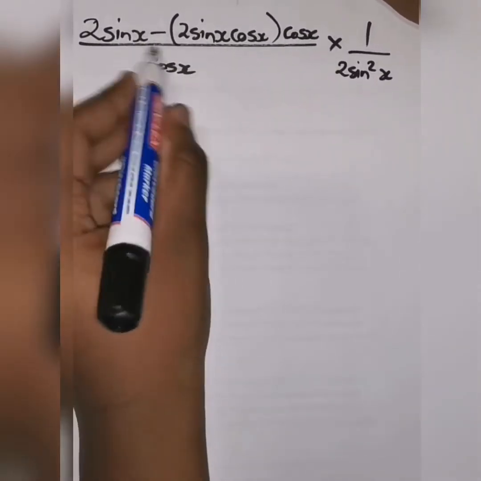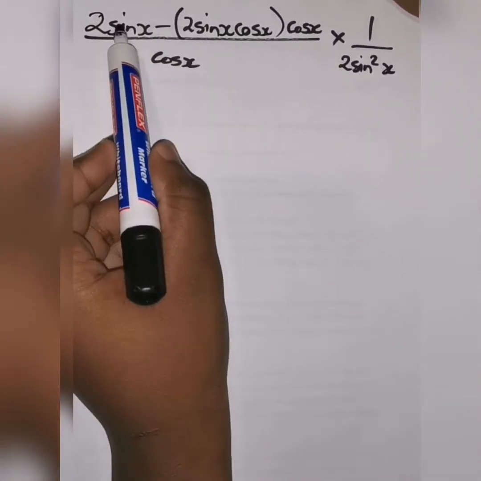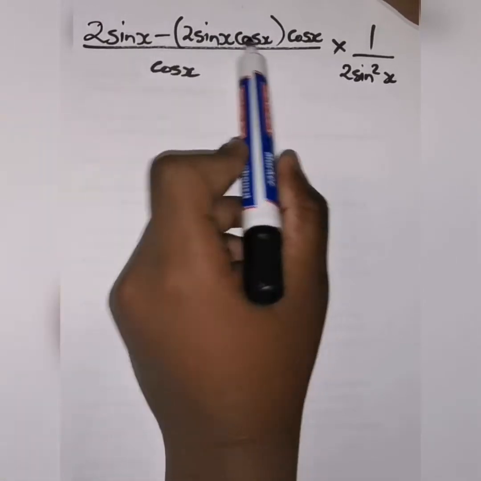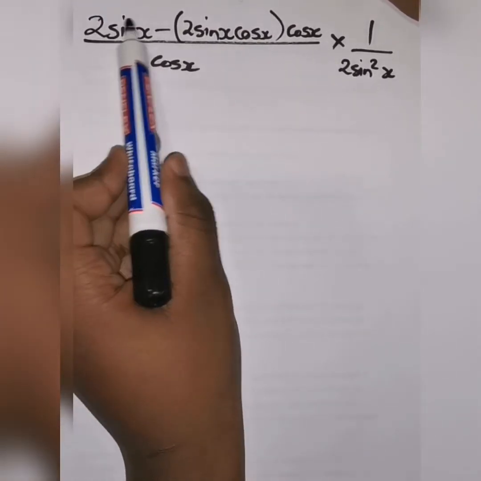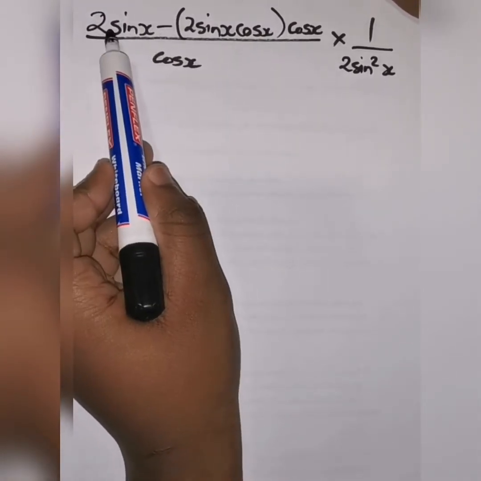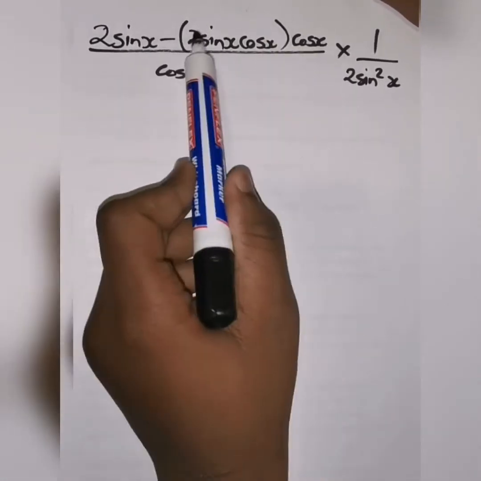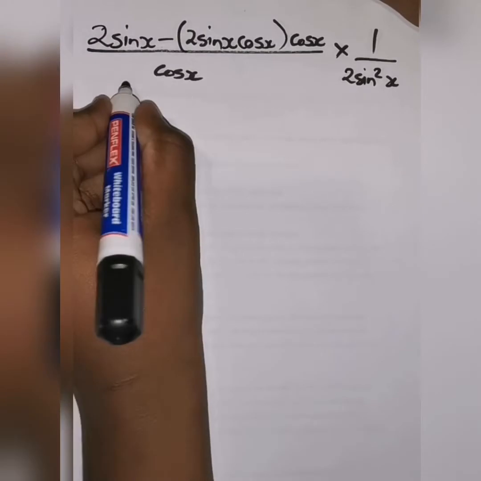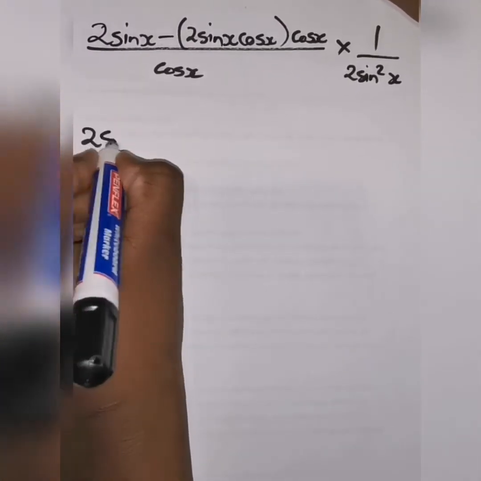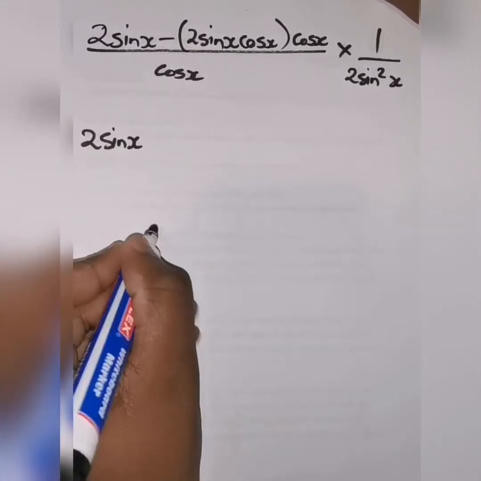Looking at this, you can see that with these two terms we have 2 sine x, which is common in both terms. So we're going to factor out the 2 sine x.